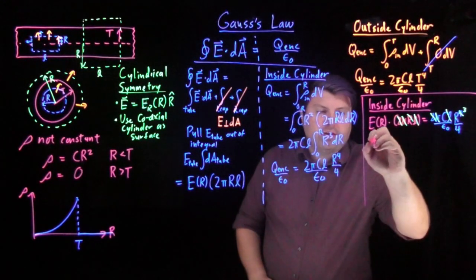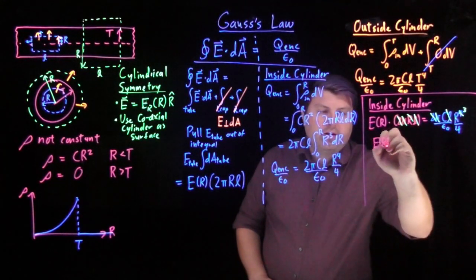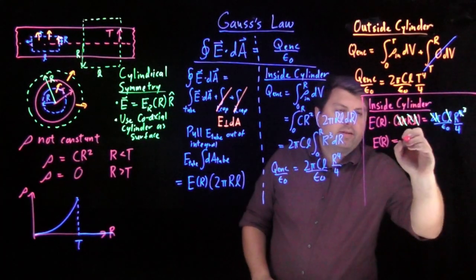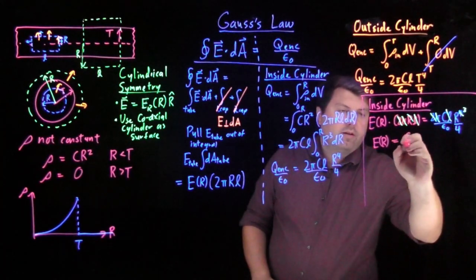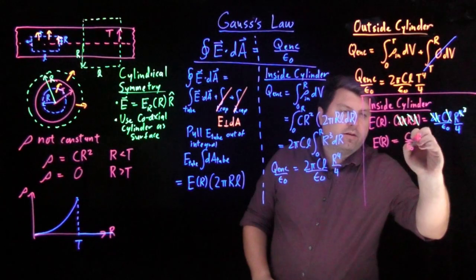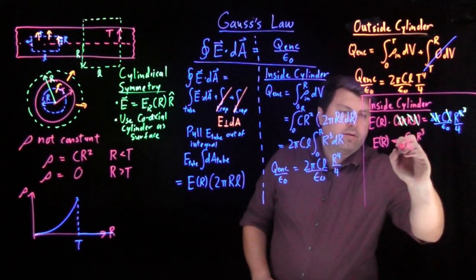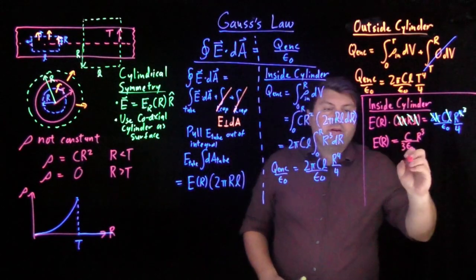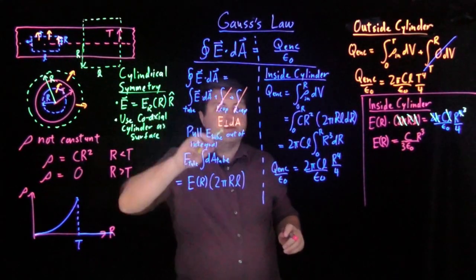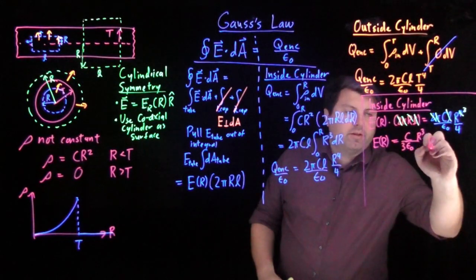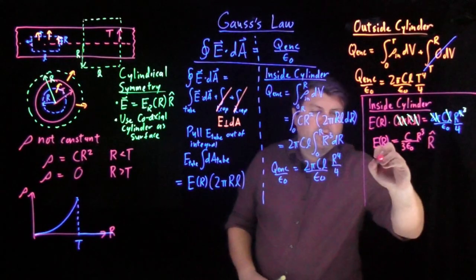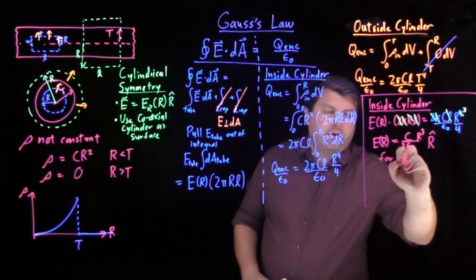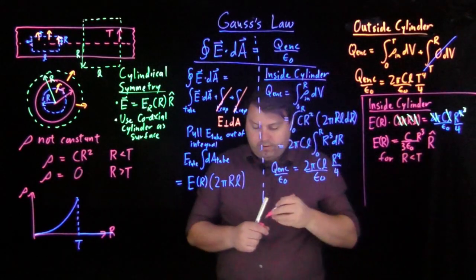And so we get that our electric field as a function of R is C over epsilon naught R to the third over 3, so we usually put a 3 there. And then we know that our electric field has to be in the radial direction, so we put this capital R hat. So this is for R less than t.